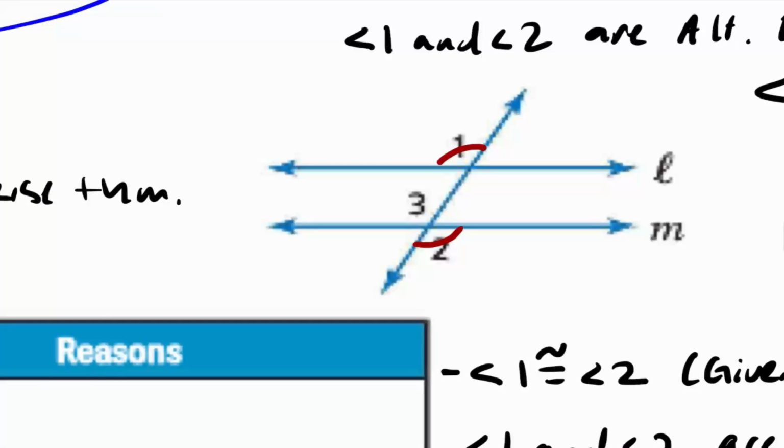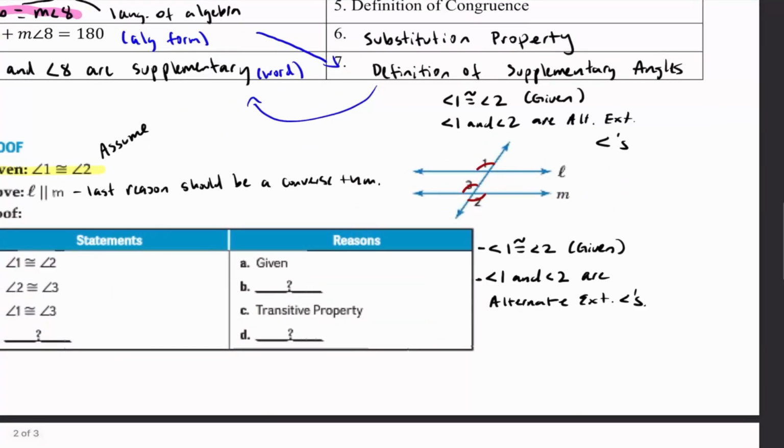If I look closely, I can see that angle 2 has to be congruent to angle 3 by vertical angles. So I draw a single arc there because all of these angles should have the same measure. So I'm going to make that note. Angle 2 is congruent to angle 3 by vertical angles.